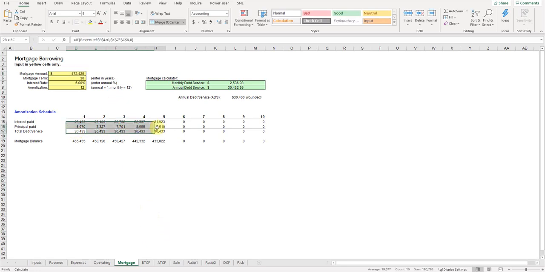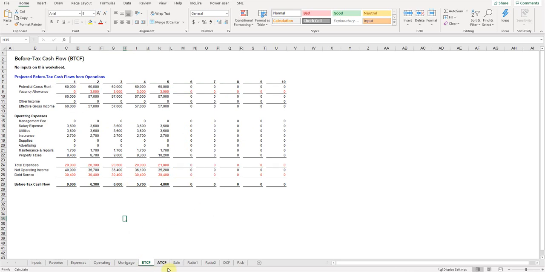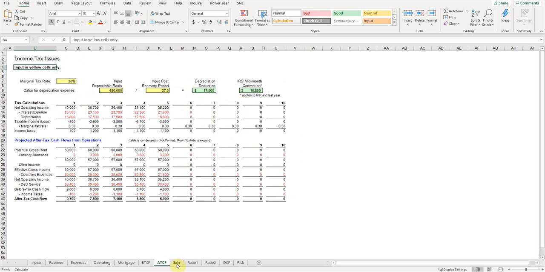But then here your debt service is illustrated as well as your mortgage balance declines over time, and this is all annual figures. Here's your before tax and after tax cash flow. You see the before tax cash flow is sort of declining over time, largely due to the increase in the operating expenses. We might want to adjust our rental escalation assumption.